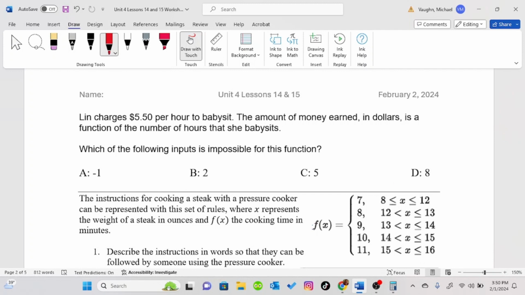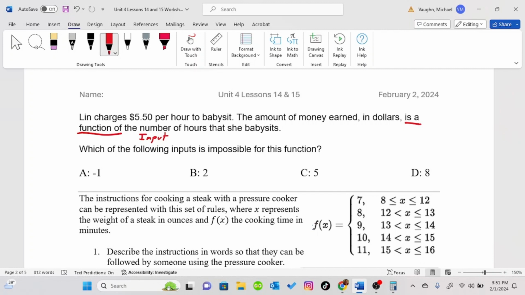So always remember your keywords. Is a function of. The very next thing that follows is your input. So my input is number of hours that she babysits. Well, if we think about this, can you babysit 2 hours? Yes.